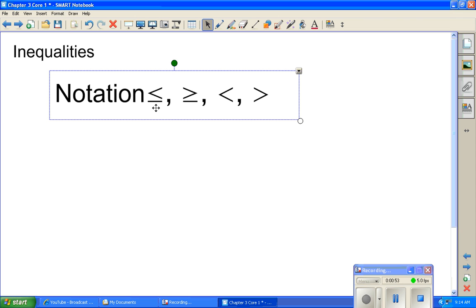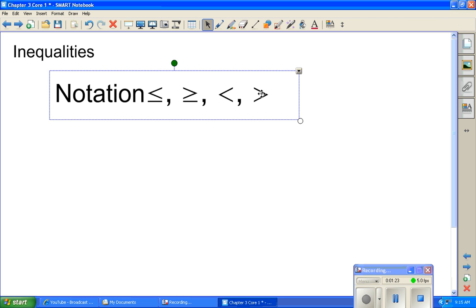Reading from left to right, this one would read: this side is less than or equal to that side. The bar underneath means equal to. This side is greater than or equal to that side. This one would mean less than, this one would mean greater than. Hopefully that's all quite straightforward, and we don't really need to go through a lot of that stuff.